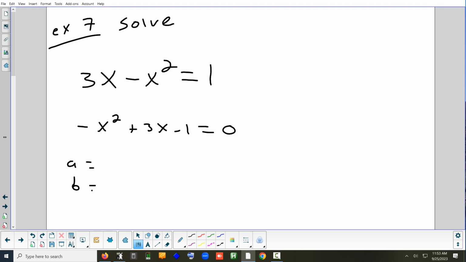And if you want to use quadratic formula, what's A? -1. B? 3. And C? -1. Yep, so you've got to get everything on one side to make sure you get the signs of your negatives right. Would it be easier if A was positive? If I was going to factor it, yes.